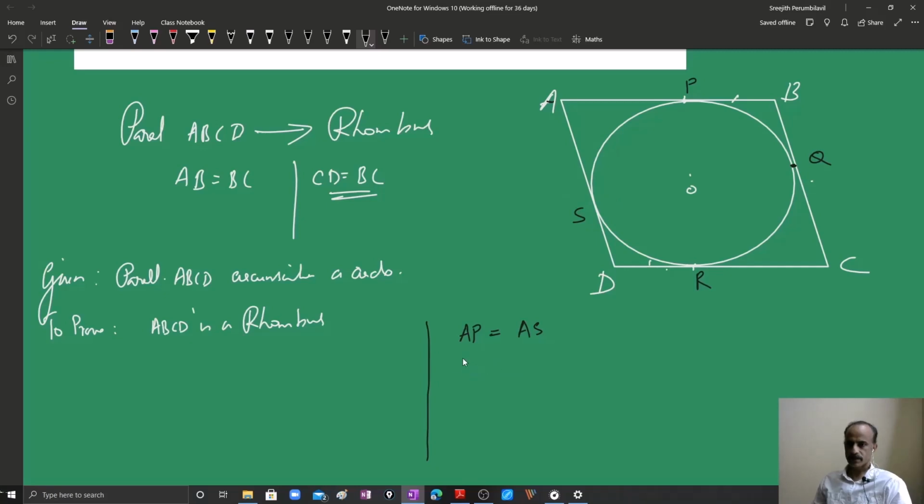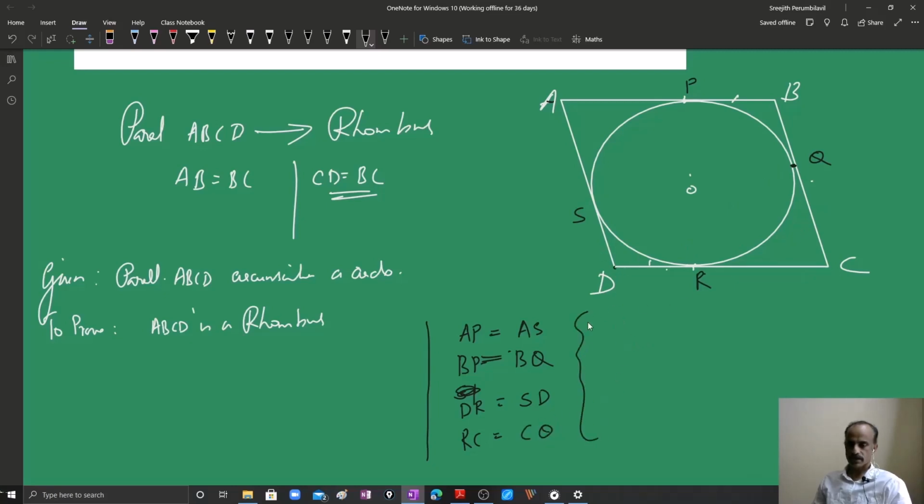Similarly, BP is equal to BQ. DR is equal to DS. And RC is equal to CQ. What is the reason for this?